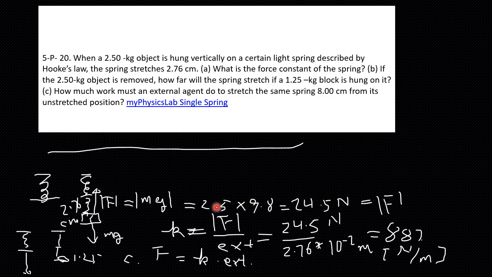This 2.5 kilograms times g works both ways: gravity is this much down, 25 newtons, and 25 newtons up is from the spring. So these two cancel. Now we know the force is this. And then what we're supposed to do is calculate the spring constant, right?